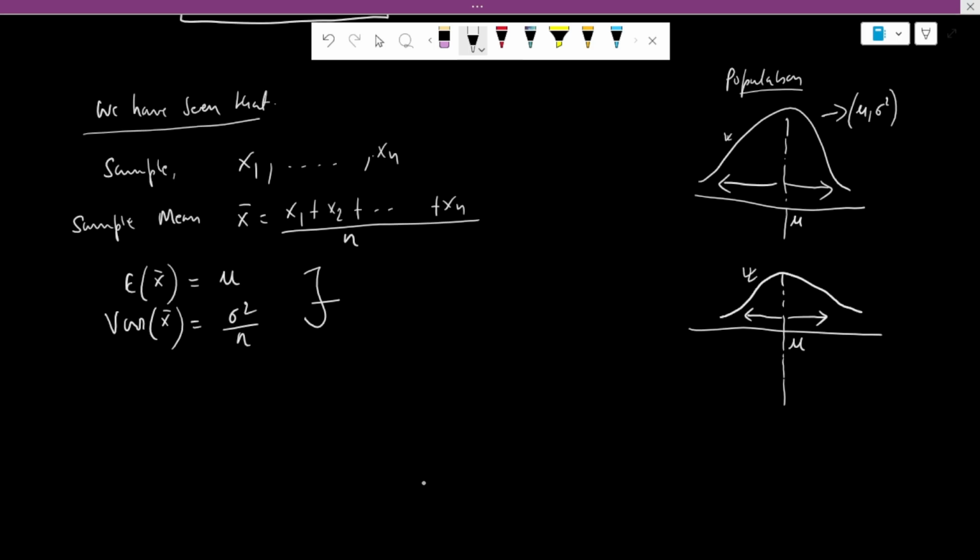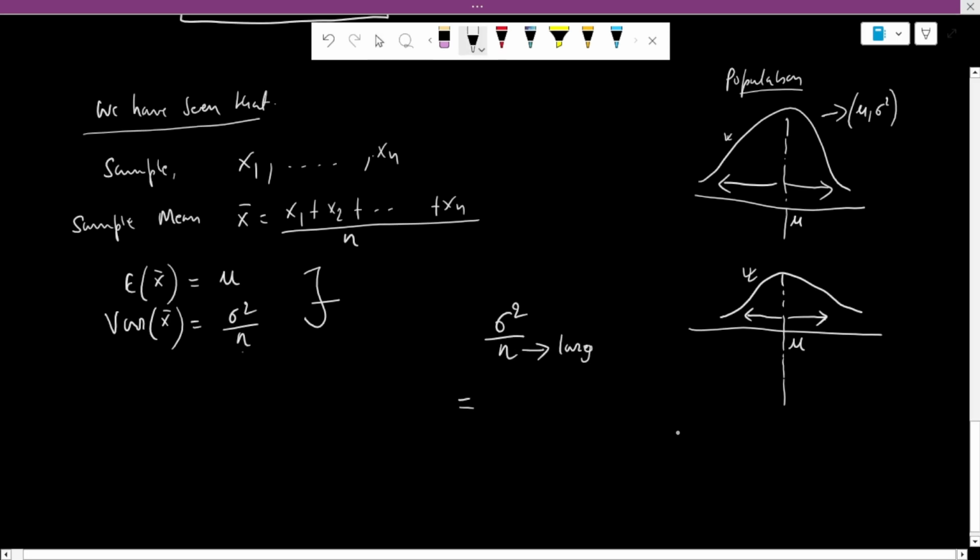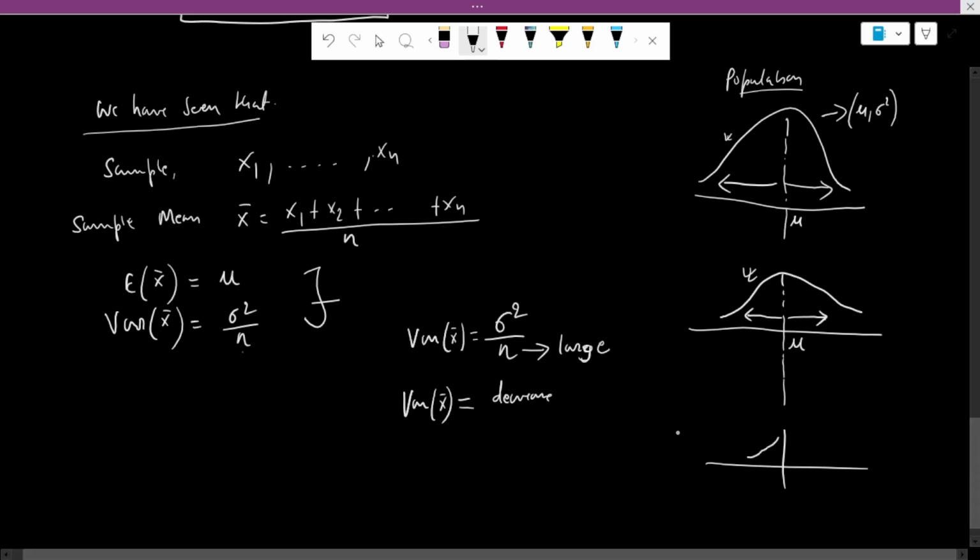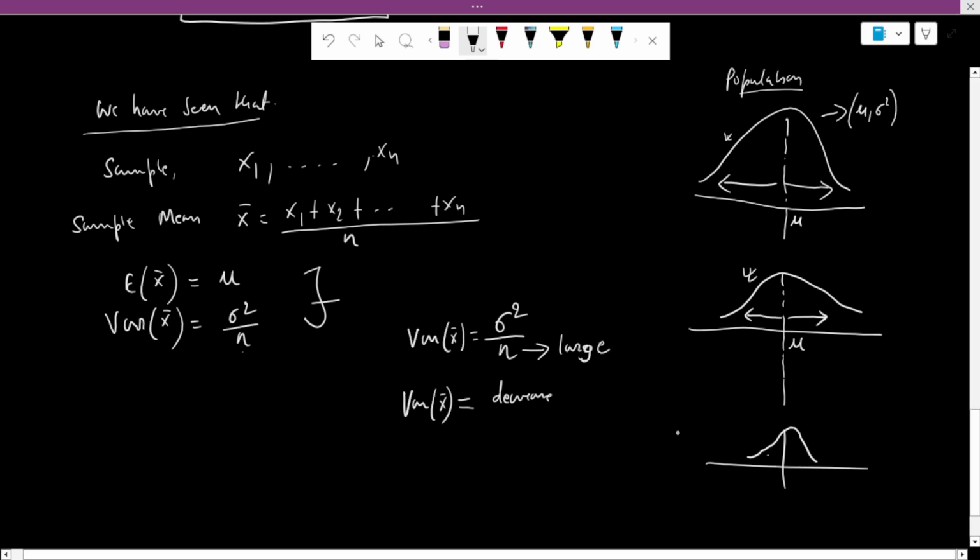Then the sample mean has less variance than the population. So let us see the variance of the sample mean: if n increases, that is, n gets larger, the variance of the sample mean decreases. So we can decrease this spread, that is the variance of the sample mean, by increasing the sample size.